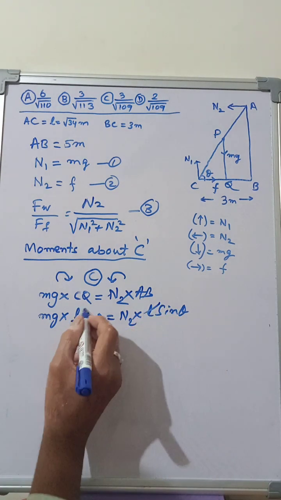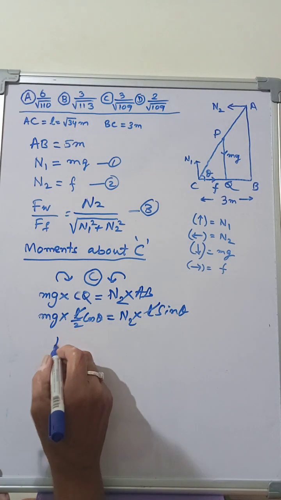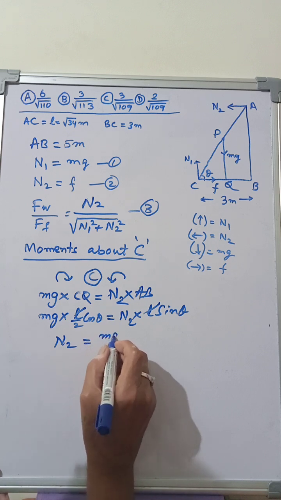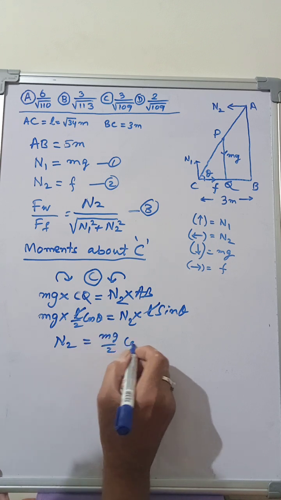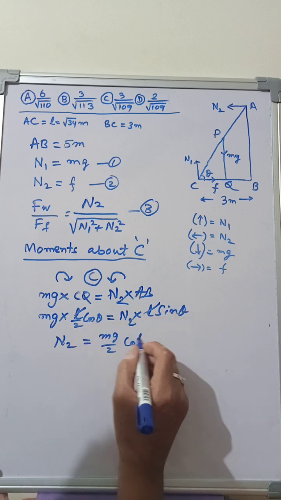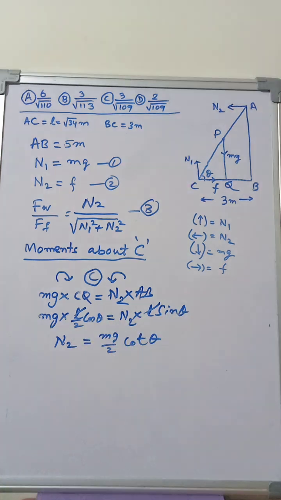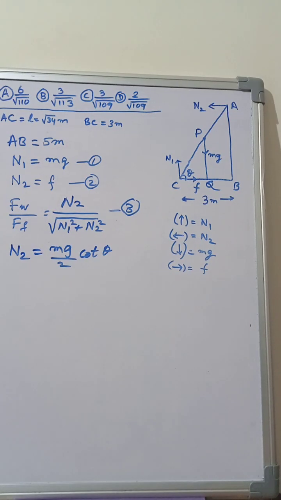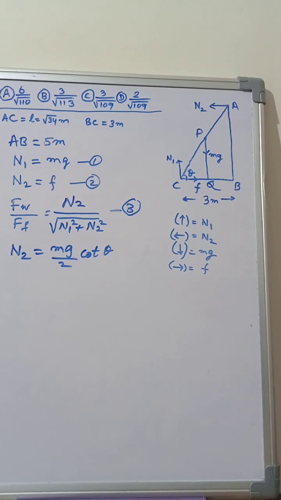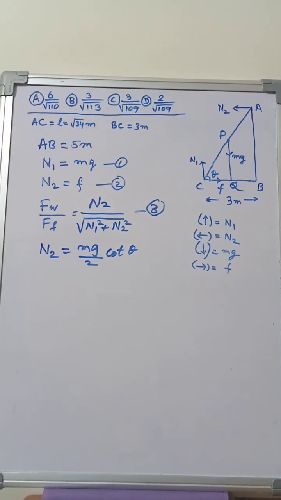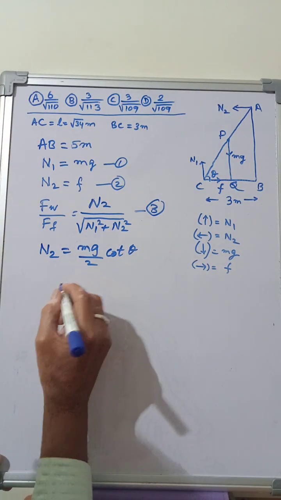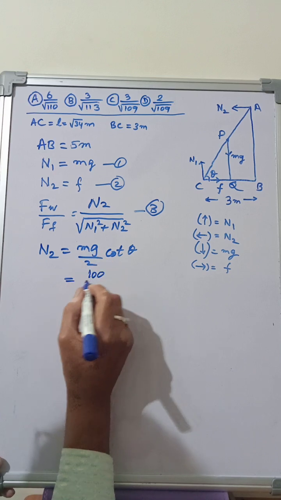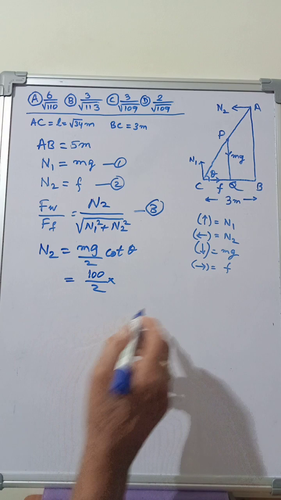L and L get cancelled, and rearranging we get N2 is equal to mg by 2 into cos theta by sin theta, which is cot theta. What is mg? mg is equal to 10 into 10 is equal to 100, divided by 2, into cot theta.